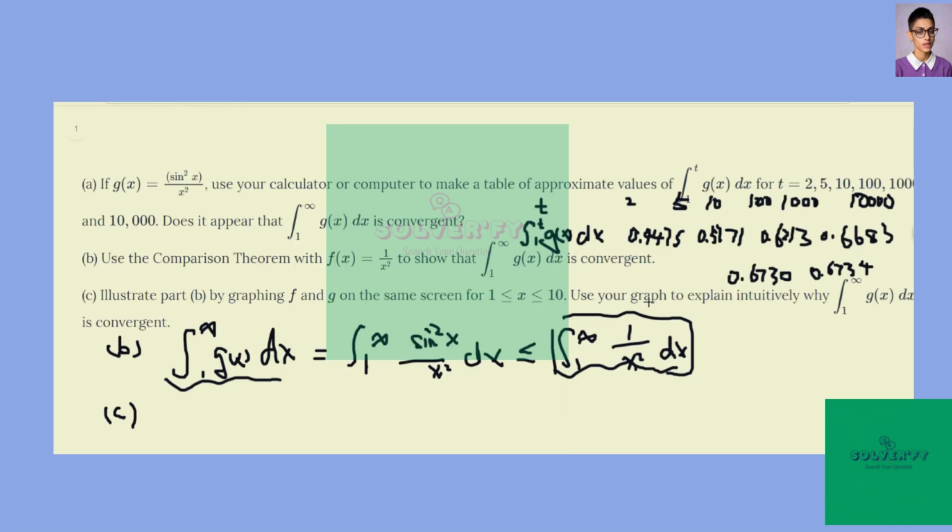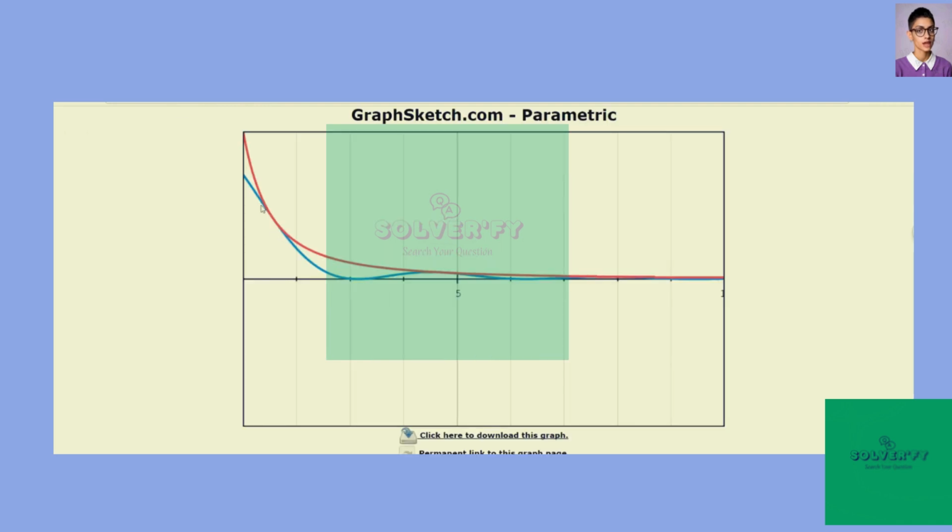And use your graph to explain intuitively why the improper integral of g of x is convergent. Since we know the integral of g of x from 1 to infinity is the area under the blue curve and above the x-axis, we can see that when x is greater than 6, g of x is almost 0.